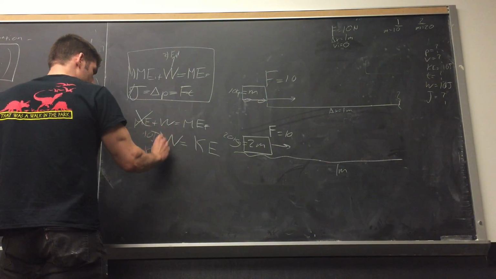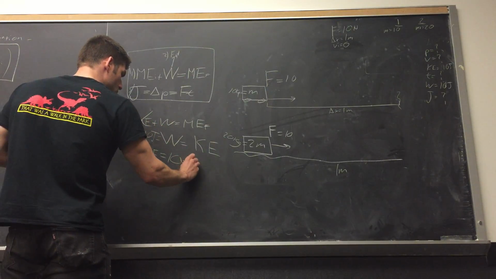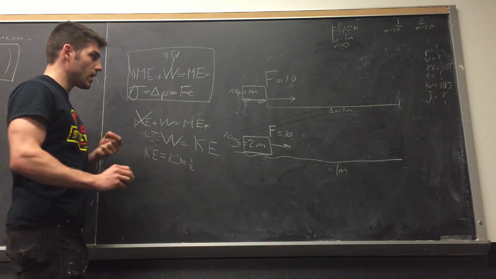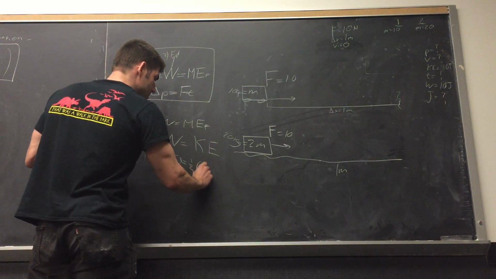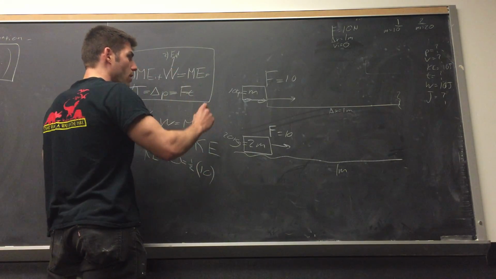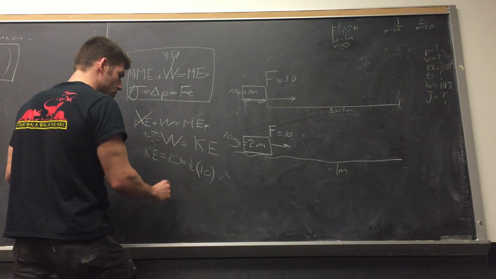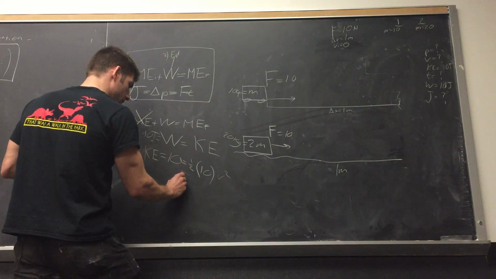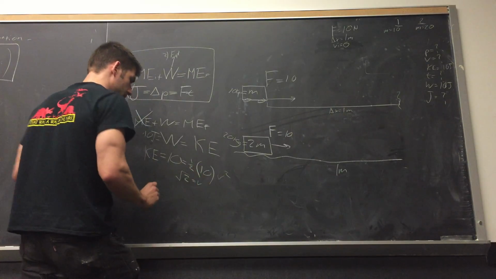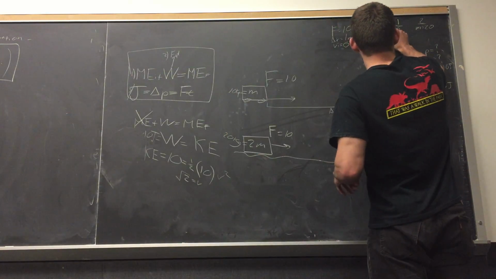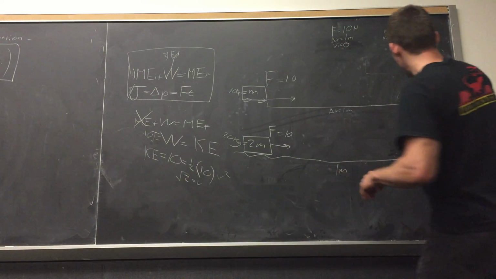Okay, so coming back in here, I know the kinetic energy is the same as the work, which is 10 joules. So this is 10, and kinetic energy is 1/2 the mass times the velocity squared. Well, the mass is 10 for the small one times the velocity squared. And so 10 equals 1/2 times 10 v squared, so the velocity is the square root of 2. So for this one, the velocity is equal to square root of 2 at the finish line.